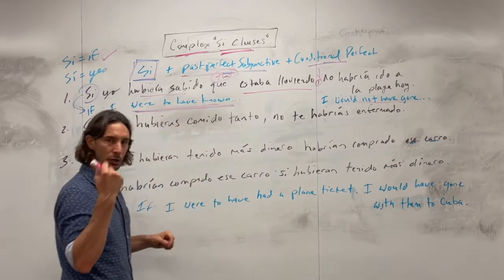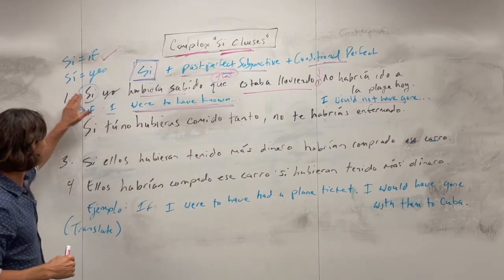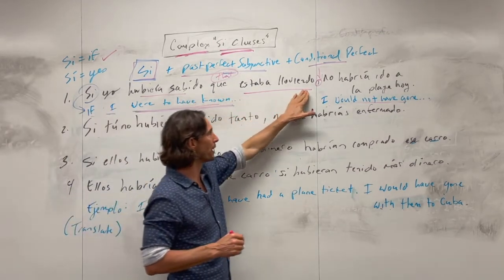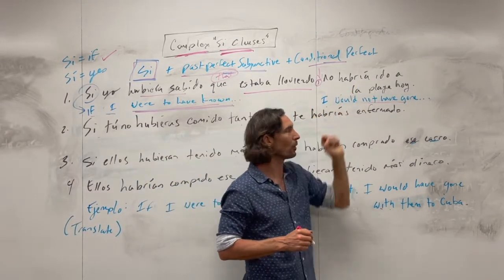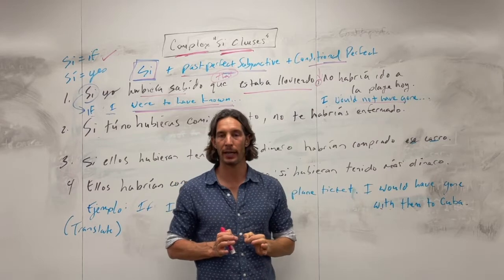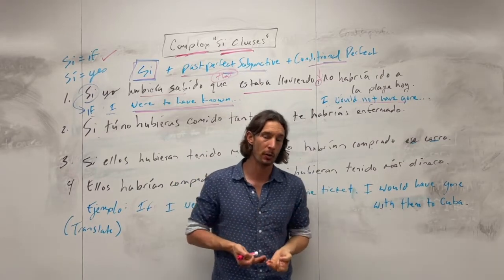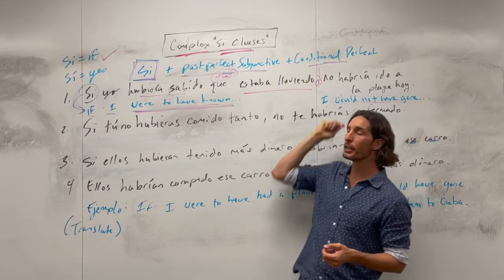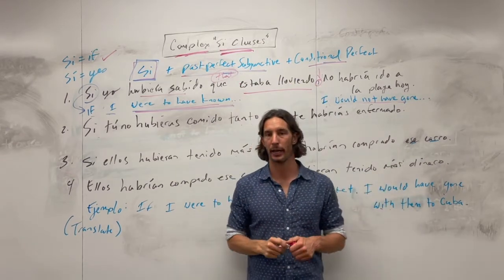And so I'm going to start over and read it all the way through. Si yo hubiera sabido que estaba lloviendo, no habría ido a la playa hoy, right? If I were to have known that it was raining, I would not have gone to the beach today, right?